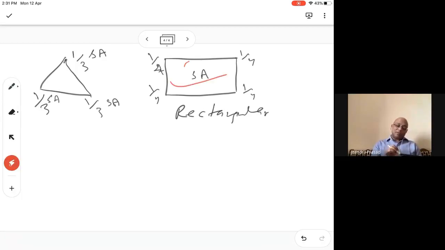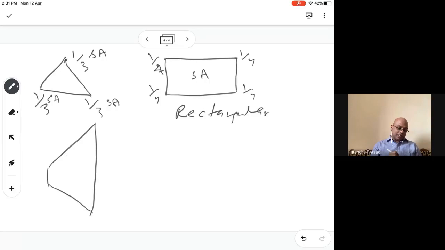Obviously, a square is also true. If this is true for a rectangle, for a square it is also done. But let's say your quadrilateral is something like this one, so let's exaggerate it. Then this may not be 1/4 in this case.